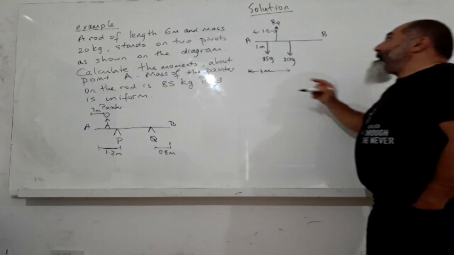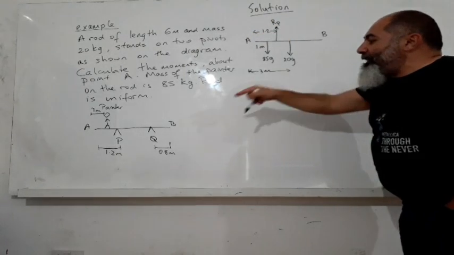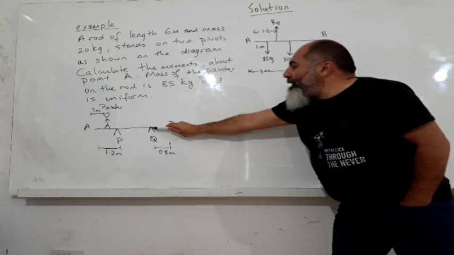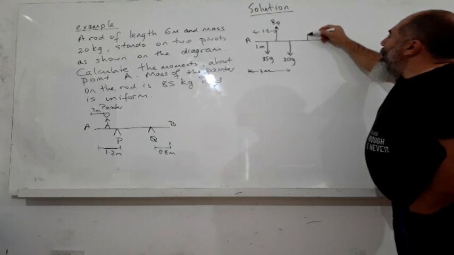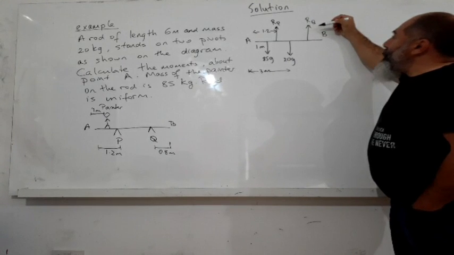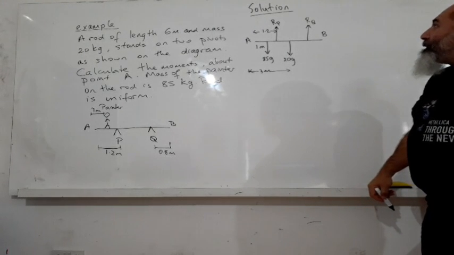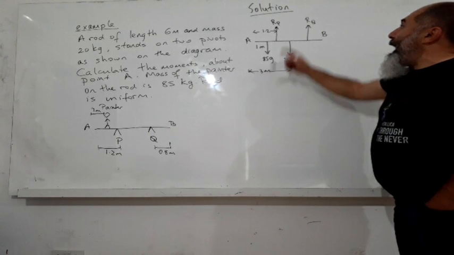And we have another force here, the normal reaction force at the pivot Q, and let's rename it as RQ, normal reaction force at point Q pointing upwards. And what is the distance from A to the reaction force which is at point Q?